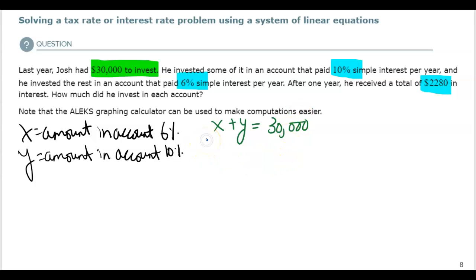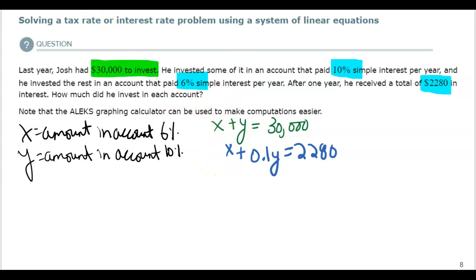So 6% of what we put into x plus 10% of what we put into y equaled the total amount of interest that he got.